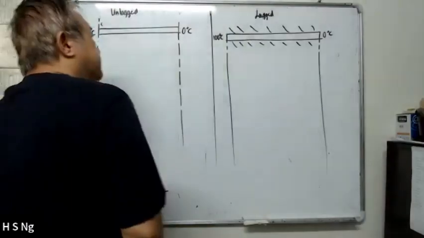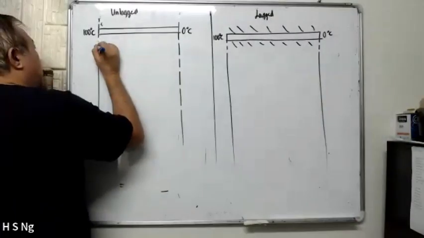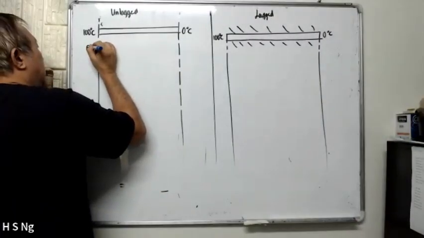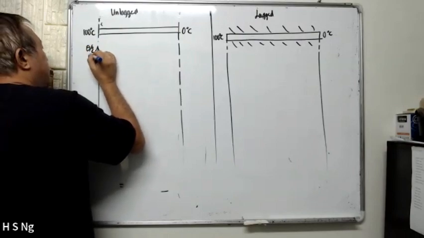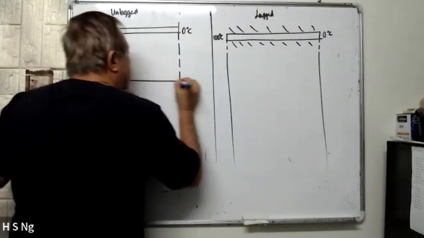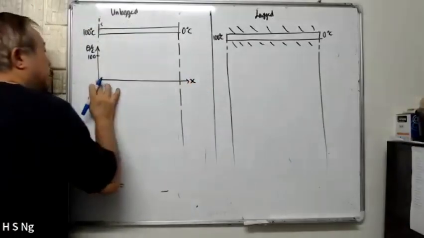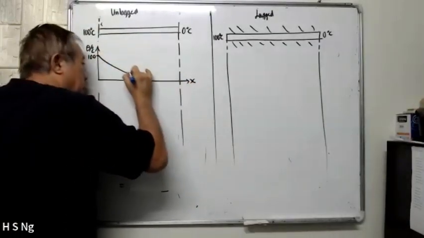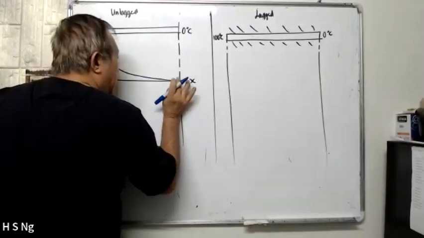So this is totally lagged. Now if you were to draw the temperature against distance graph, you get it to be like that.